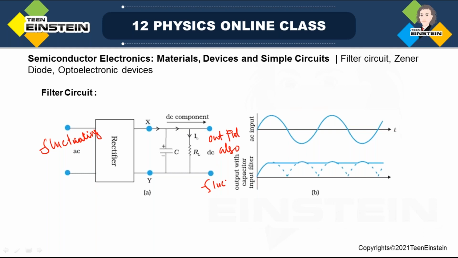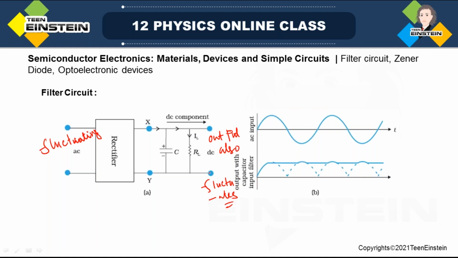So if this output voltage is fluctuating, then there will be a problem in our device application.